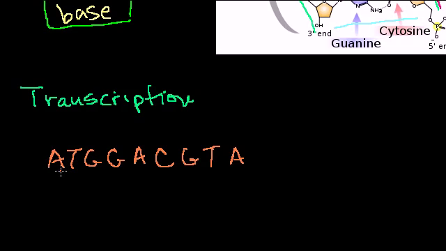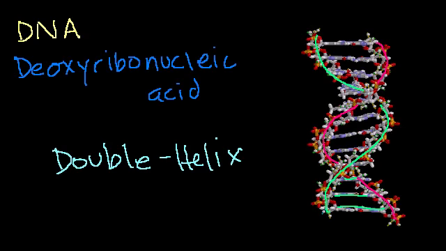There's a whole bunch of enzymes and proteins, and a whole bunch of chemical reactions that have to happen. But this DNA essentially transcribes a complementary mRNA. An mRNA, and I'll introduce RNA, it's essentially the exact same thing as, well, the word is ribonucleic acid.